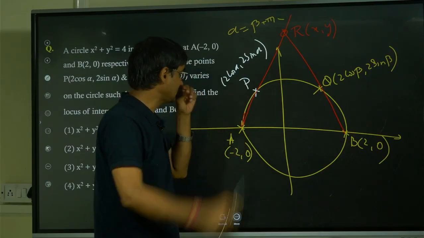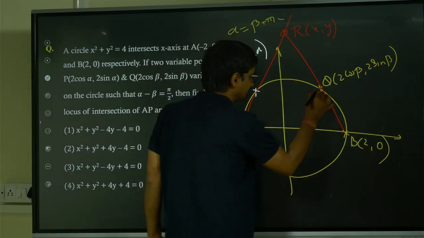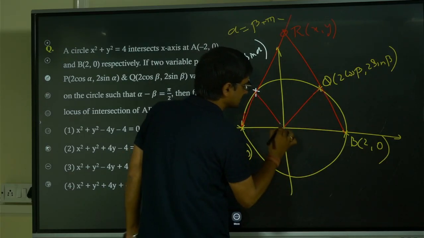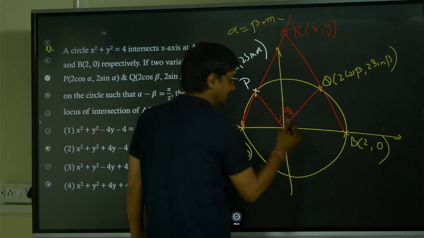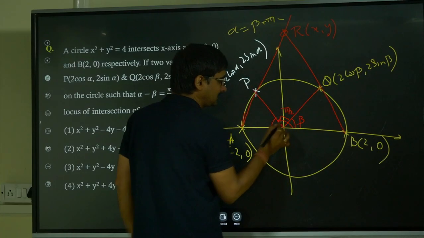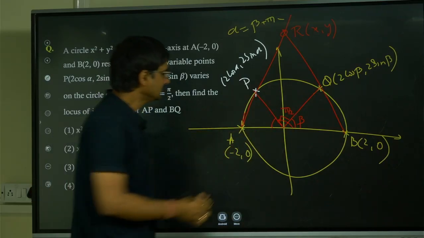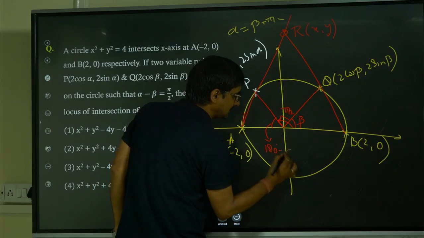We have to get rid of alpha and beta. See, this angle is 90. This is beta, and this entire thing is alpha, isn't that? Beta plus pi by 2. So this is nothing but 180 minus alpha.